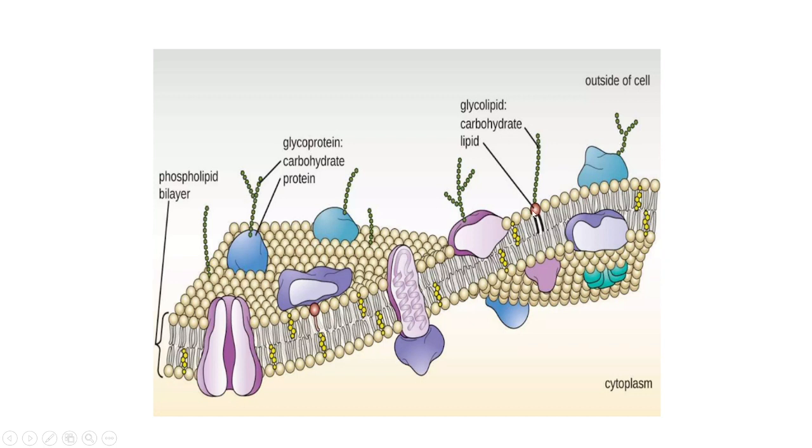Also you have the lipid over here, and this is the carbohydrate, so you can call this a glycolipid. As you can see, these processes are mostly occurring on the cell surface, or on the outer portion of the cell, because this portion is your cytoplasm.